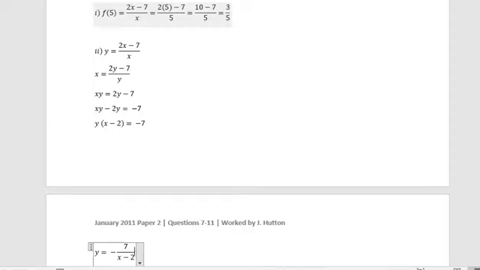So it is negative 7 divided by x minus 2.